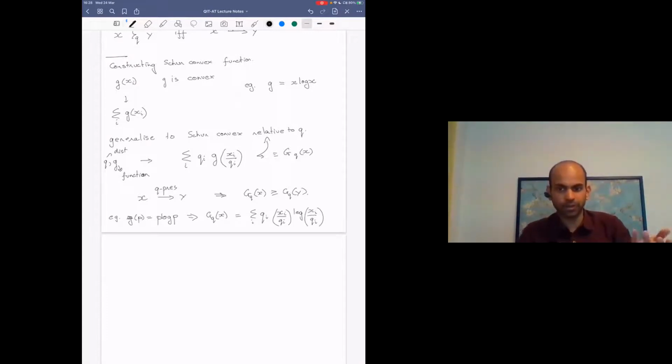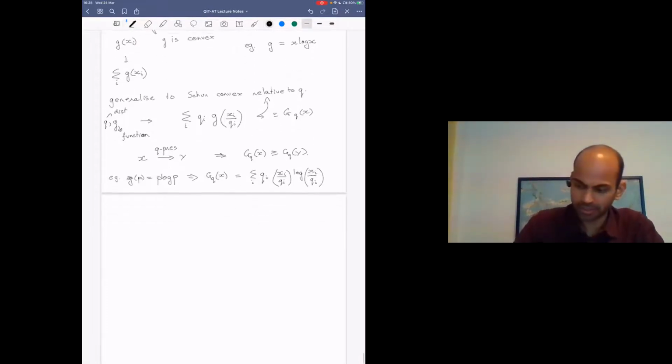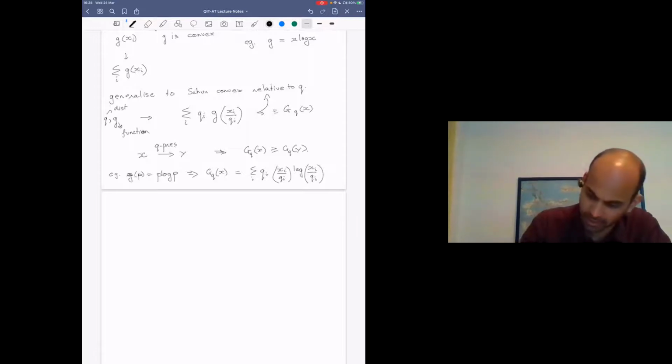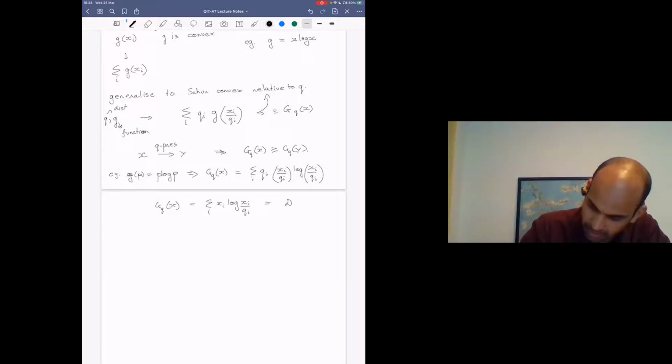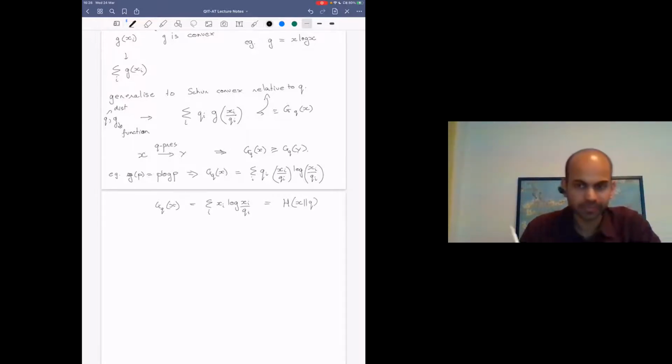So this is how the entropy has now been made into a new function that is relative to the distribution Q, which in turn simplifies. So G_Q of x is equal to, we cancel out the qi's and we get the sum over i of xi log xi over qi, which is equal to, there are many ways of writing this. Let me write it as h in this case, the relative entropy of x with respect to q.